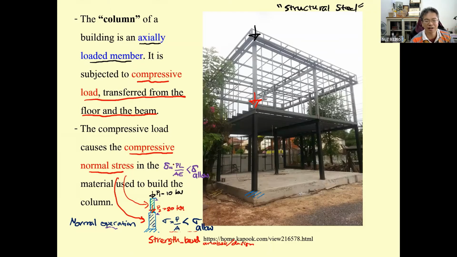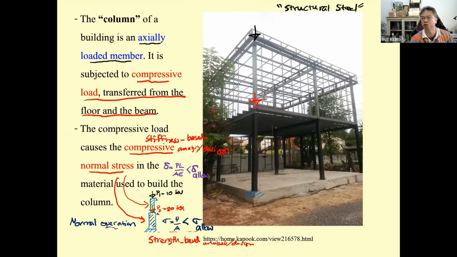And on top, you consider the stiffness. Okay, the stiffness, the deformation, the ability of the material to resist deformation under the force. This means you do stiffness-based analysis or design.